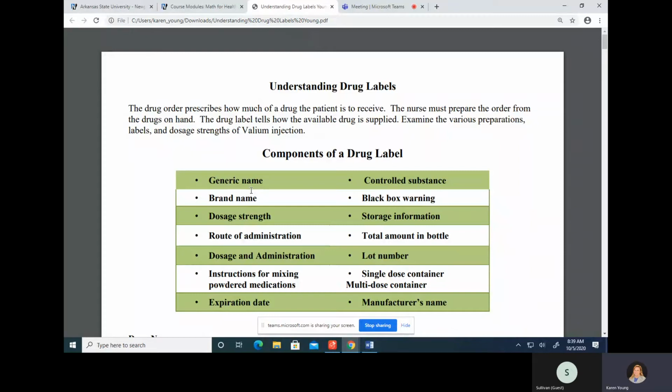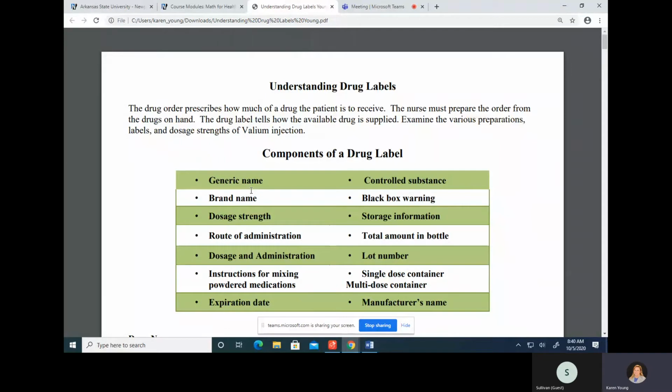You have single-dose containers and multi-dose containers. This is more when we're talking about injections. If you have a small vial, a single-dose container will not have the antimicrobial. I'll have to read that in a minute.